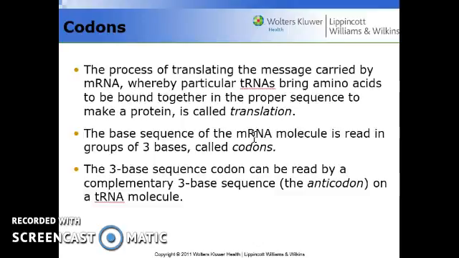So a codon is a 3 nucleotide base sequence that is read by another structure called an anticodon. So when the anticodon reads the codon, that's going to signal which specific amino acid the transfer RNA molecule is supposed to bring to the ribosome to generate the protein.